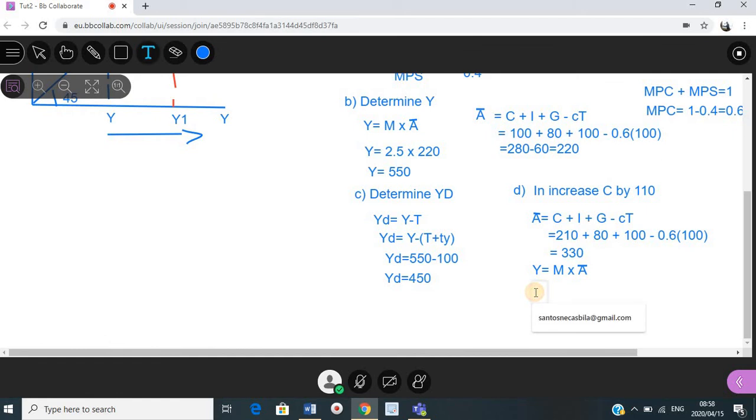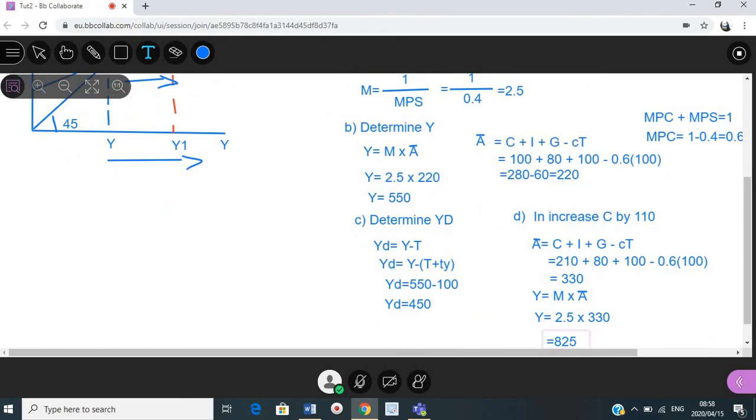So Y is going to be equal to 2.5 times 330, and this should be equal to 825. Very good. This is the new equilibrium income due to an increase of autonomous consumption by 110 rands.